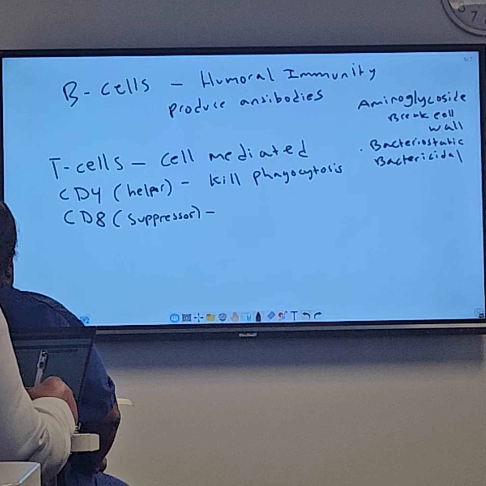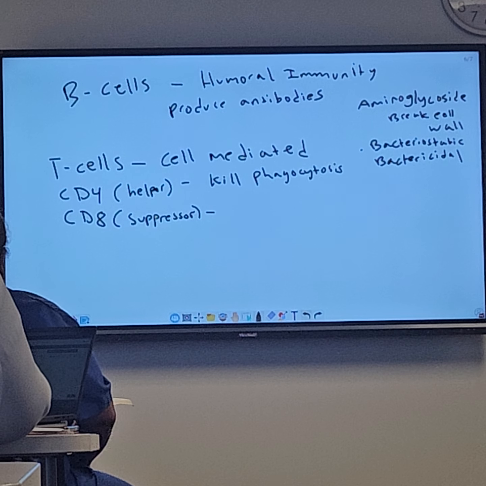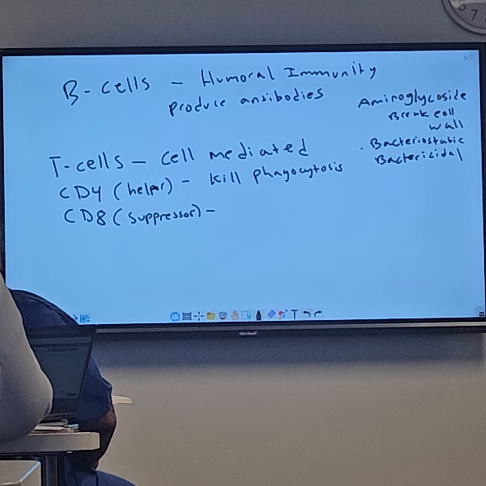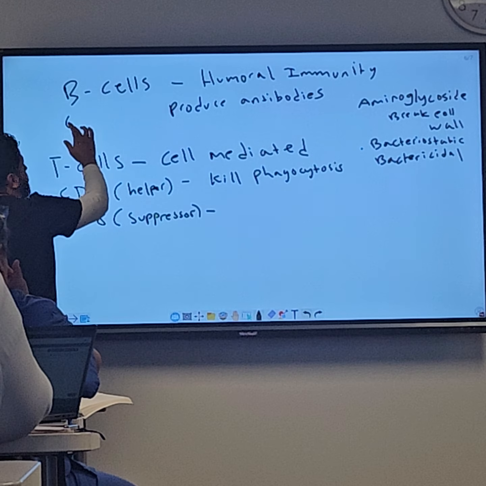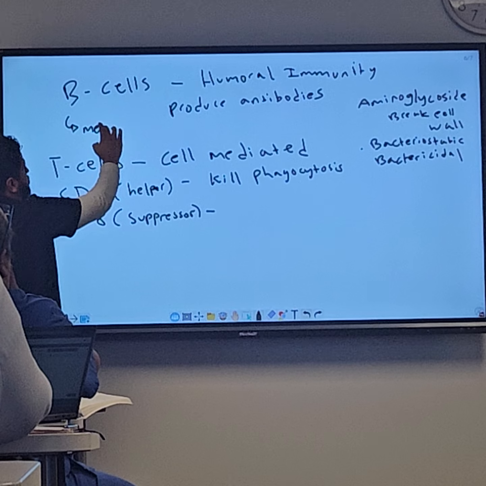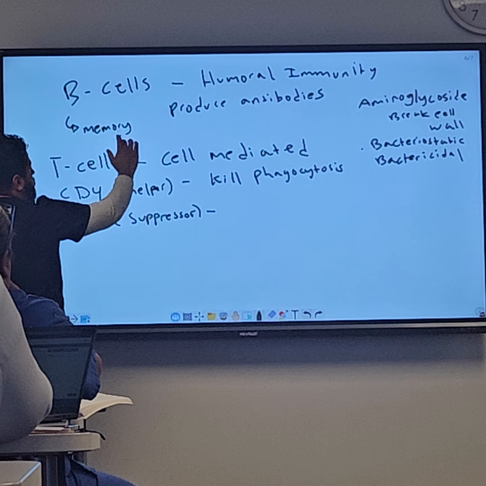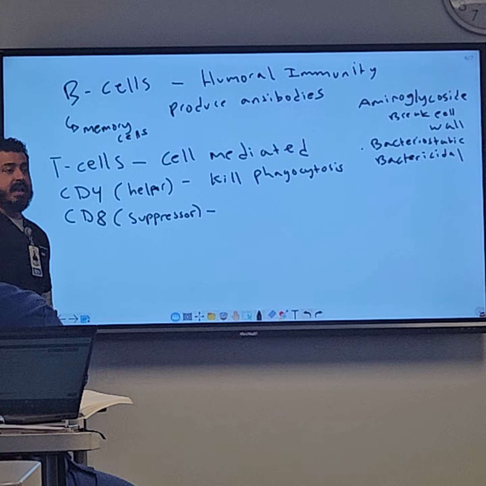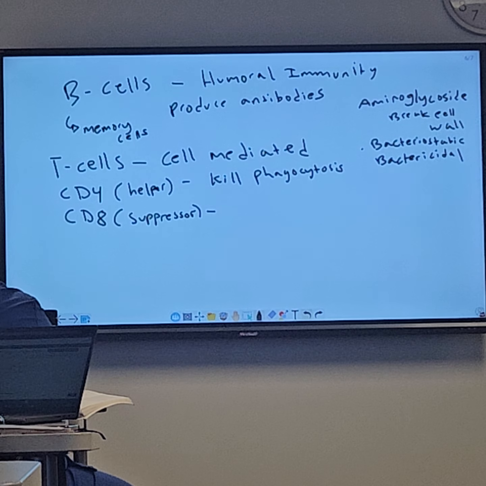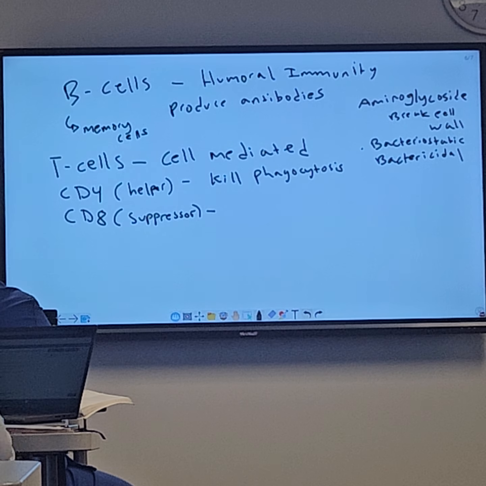Humoral produces antibodies and general activating signals towards your body, while T cells actually take care of a lot of the work. Now these B cells, which you might have learned in high school, are also called memory cells. That's because they will remember and hold on to a lot of these antibodies or immunity responses.